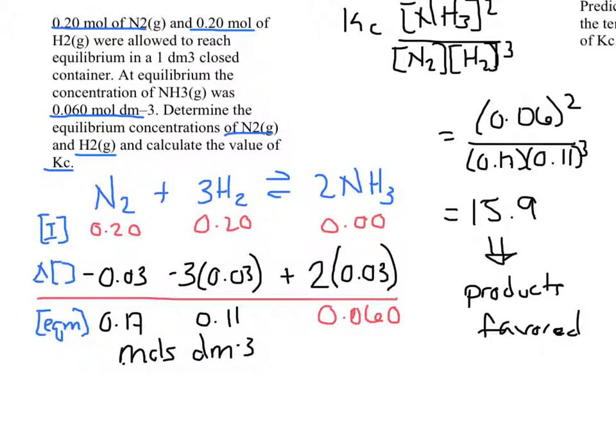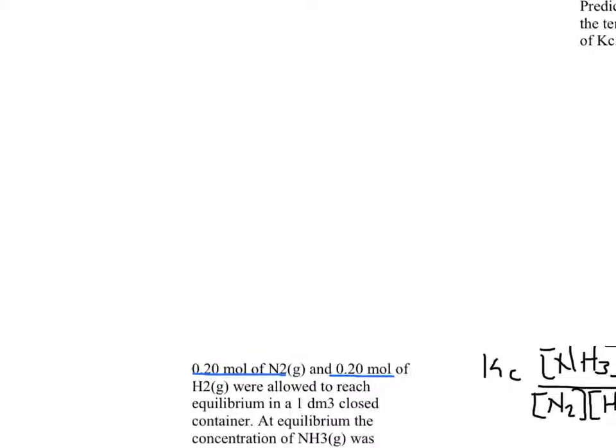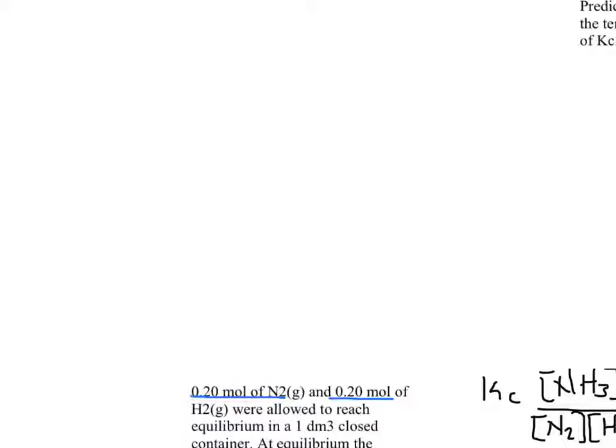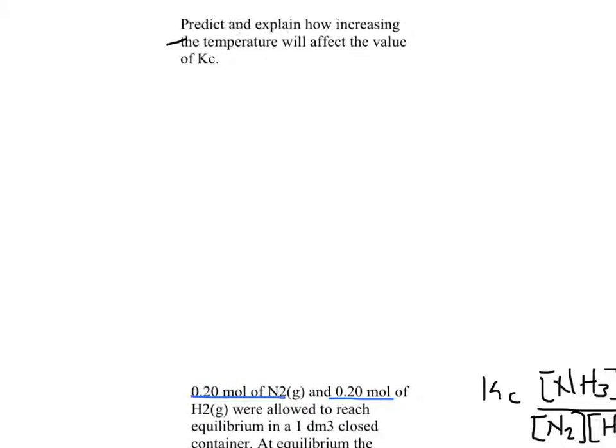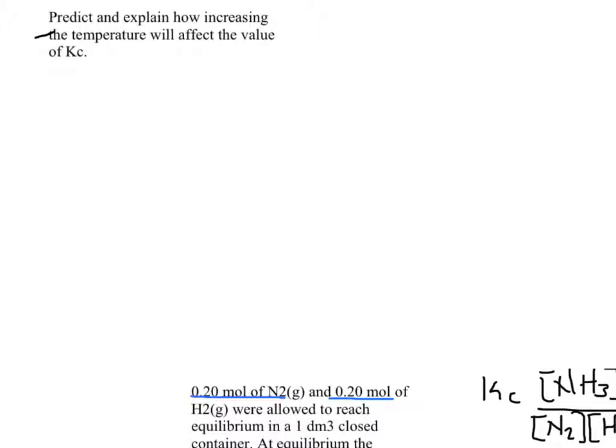All right. So, using that information, predict and explain how increasing the temperature will affect the value of Kc. The Haber process has a delta H of negative 93 kilojoules per mole. So it is an exothermic process.